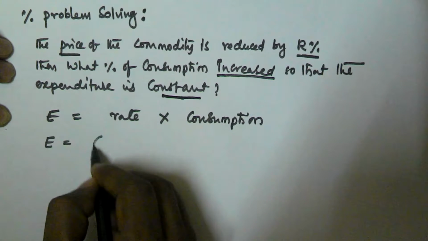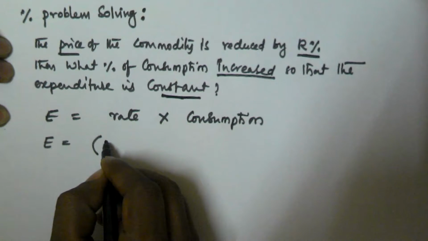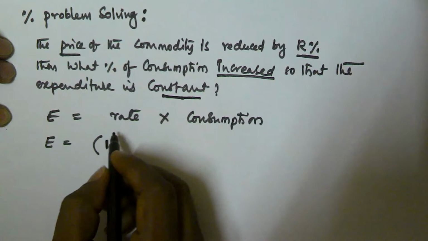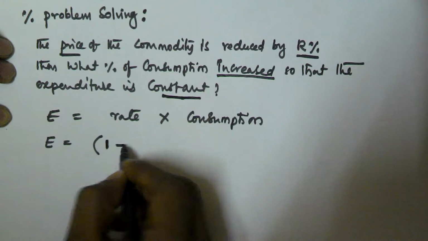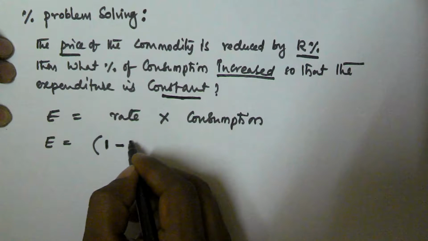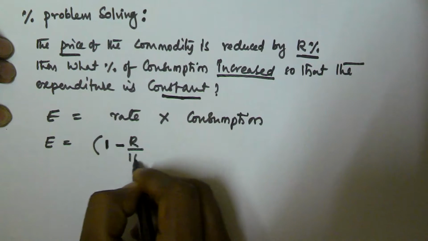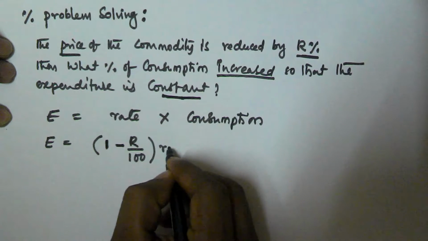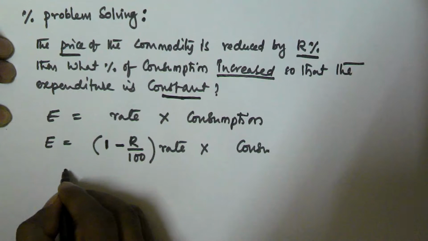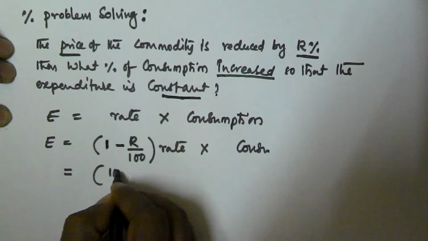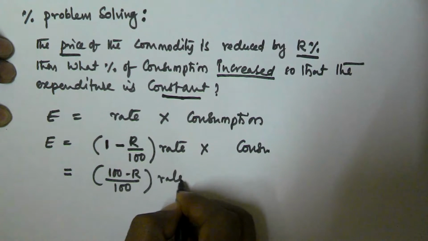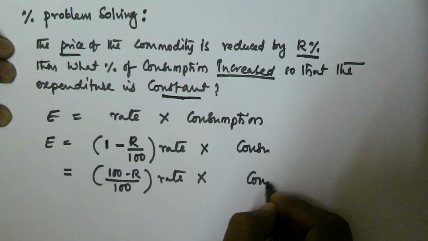The current rate is 100%, so the equivalent fraction is 1 minus R by 100 into rate into consumption. So this is going to be equal to (100 minus R) by 100 into rate into consumption.